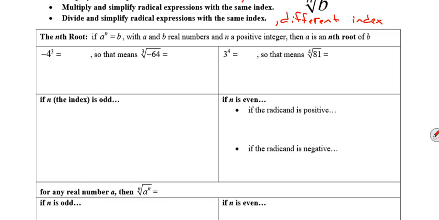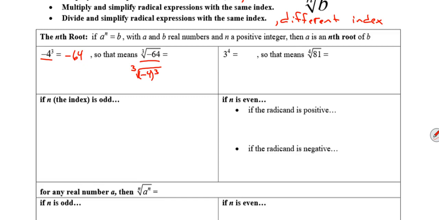When I look at this, negative 4 to the third power gives me negative 64. Understanding that those two things are the same, when I'm looking at a radical problem and I have a negative 64, I can change that so that now I'm looking at the third root of negative 4 to the third power.